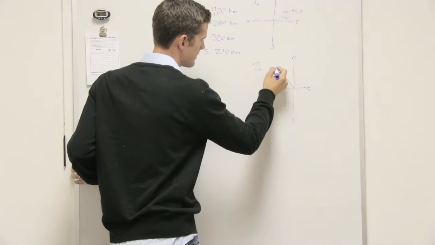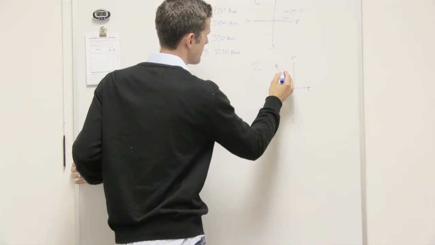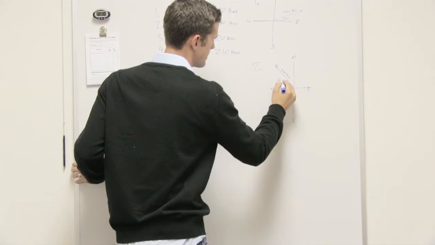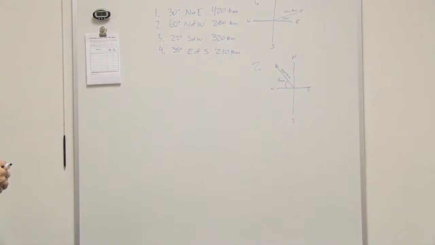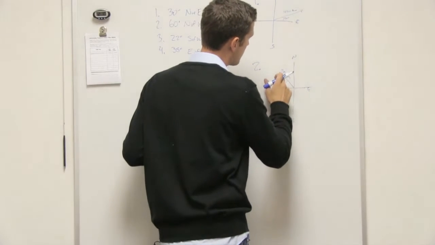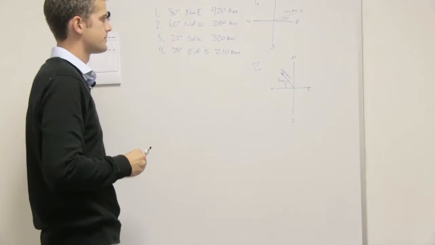It doesn't have to be perfect. 280 kilometers, and it's going to be 60 degrees. Oh, my bad, 280. Let me make this a little shorter to make it more to scale with our first one here. Okay. Good.